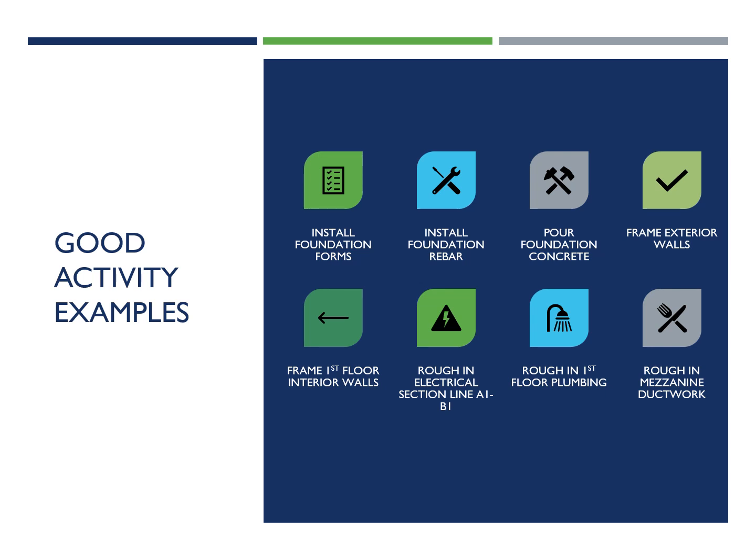We've taken frame and given it a little bit more detail, a little bit more meat. It does a better job of describing the work that is supposed to be done. Rough-in electrical, section line A1 through B1, rough-in first floor plumbing, rough-in mezzanine ductwork. This is MEP broken down into more detail, more specific, one trade at a time.